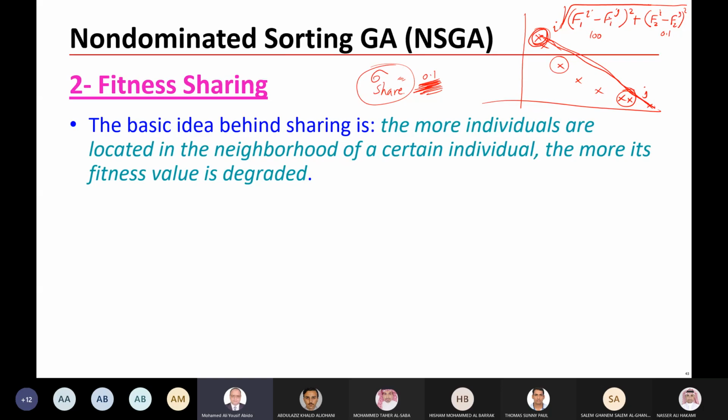So this is between 0 and 1, and this is also between 0 and 1. So you need to normalize, and you get the whole distance, you are right. And then you can say sigma share equals the distance ij over 10, for example. Similar to what we have done in which technique?